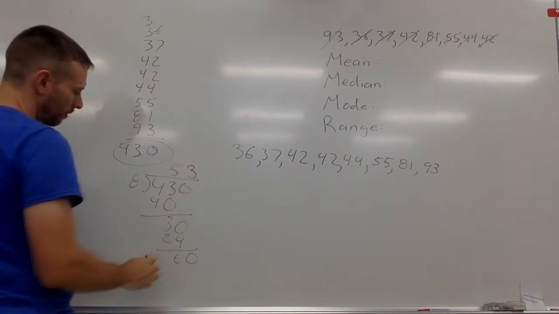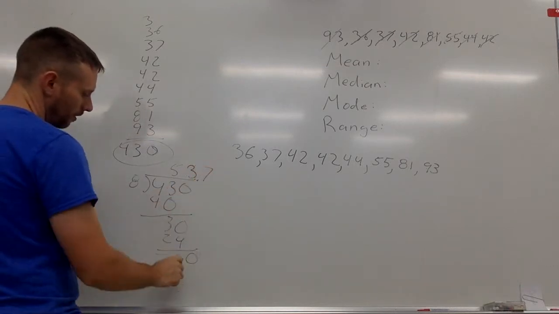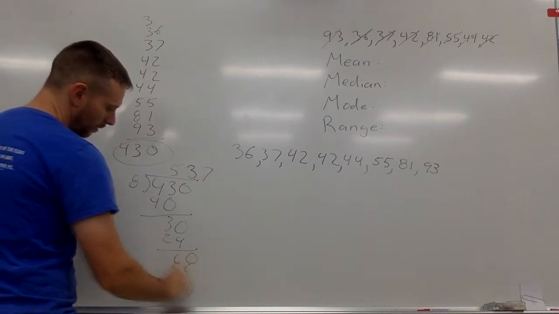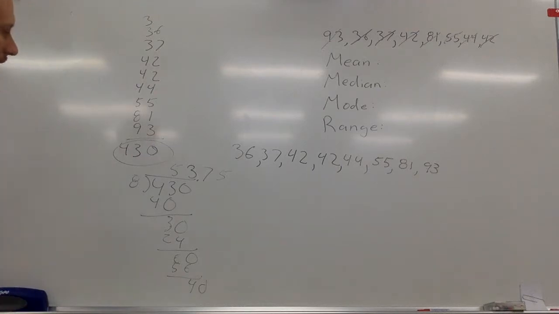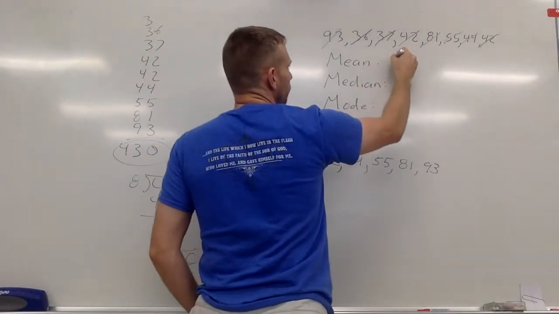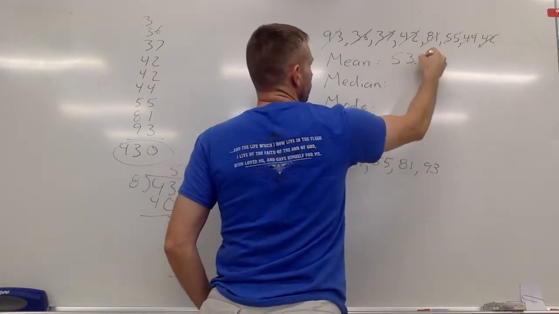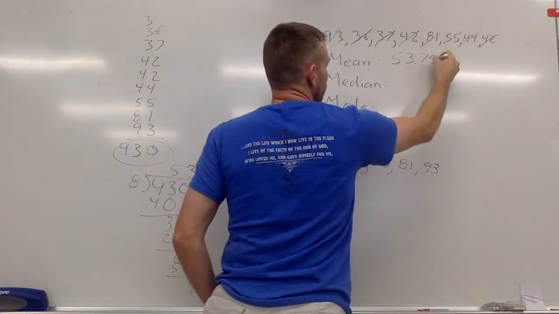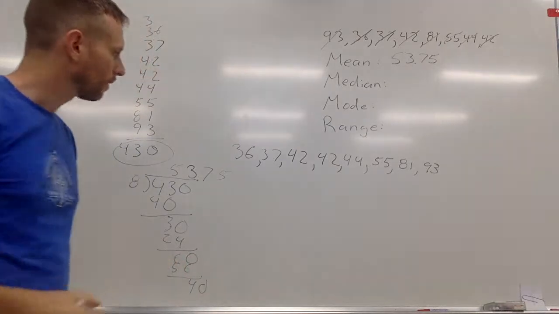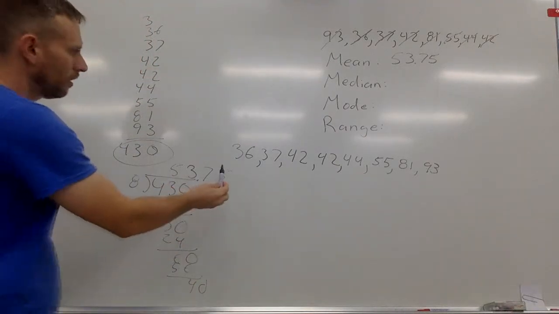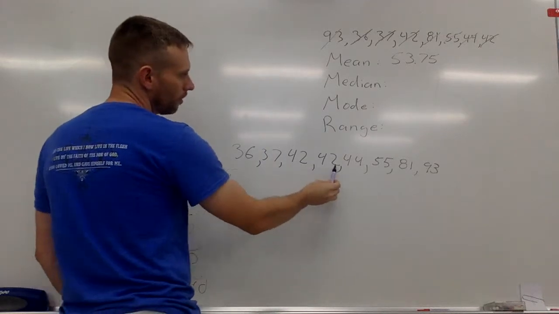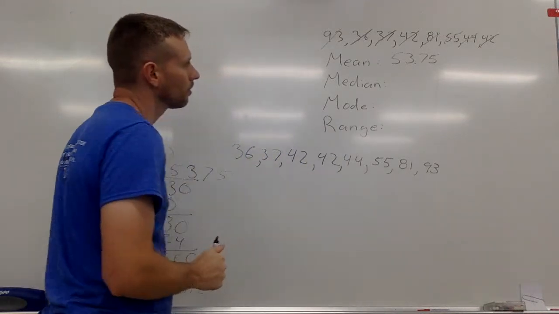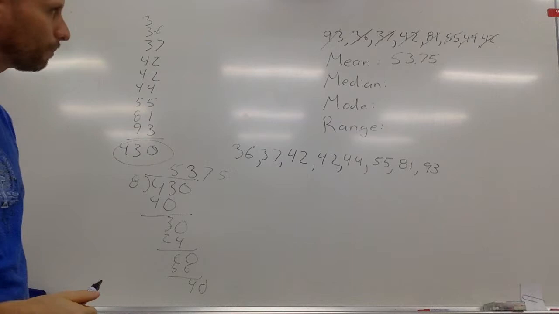And 6 times 8 is 48, so we continue on, and it looks like the mean average is 53.75. If I look at this list, that seems kind of reasonable. We do have some low numbers here, but we have some pretty high ones, so 53.75.